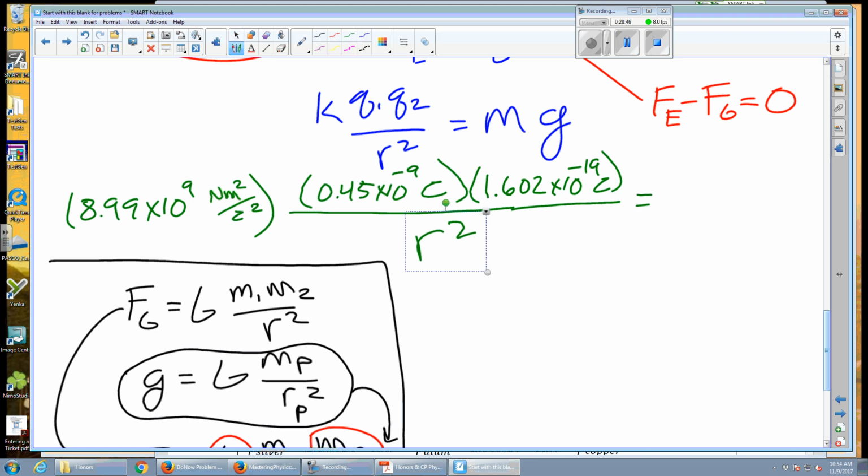The mass of the electron, 9.11 times 10 to the minus 31 kilograms. And then, sorry, I'm going to have to go up the board here. My little g, because I'm on the Earth, is 9.81 newtons per kilogram.